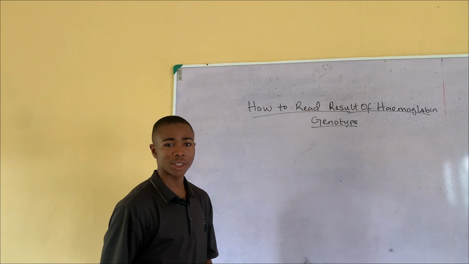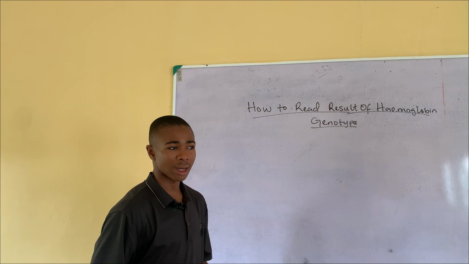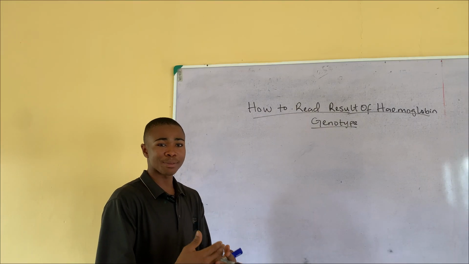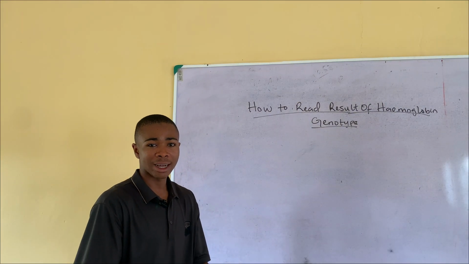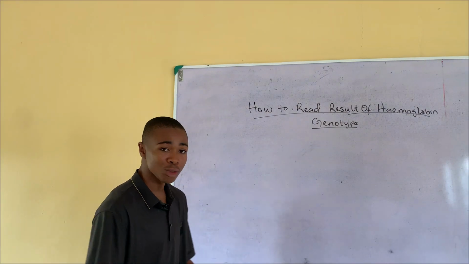In the previous video, I used a control which was AS. And what did I say this control was? This control is a patient sample whose hemoglobin genotype has been analyzed and is known. So it's known to be AS.